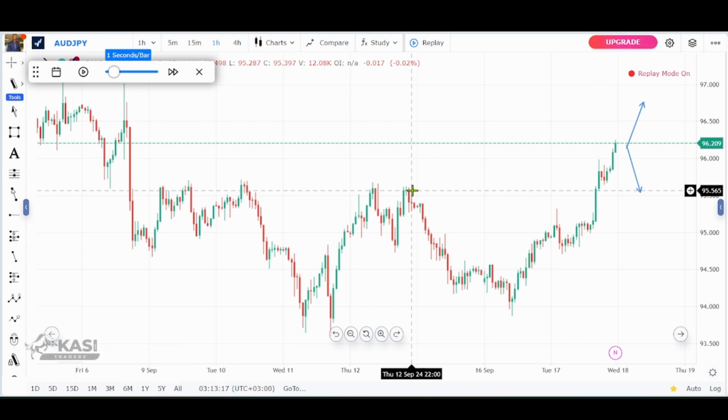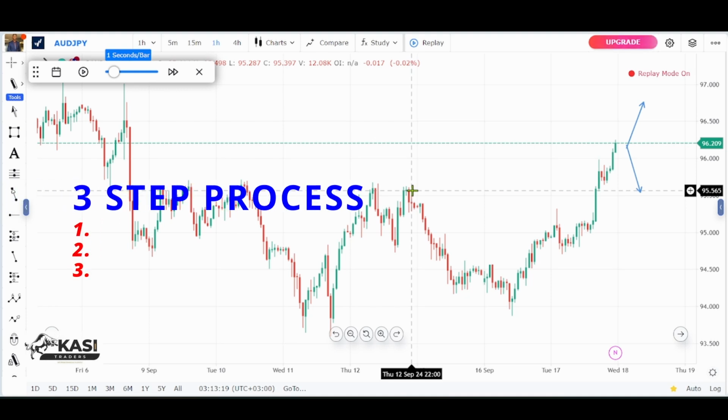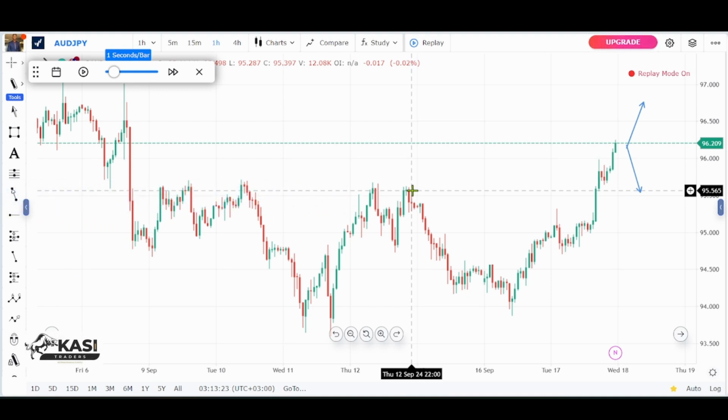Today I'll be showing you my 3-step process that I normally use in almost every single price action trade that I place. So, what is price action? Price action trading is essentially trading based on what you see on the chart with no indicators used.